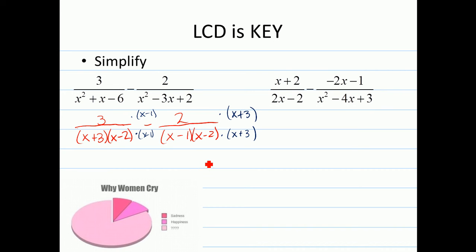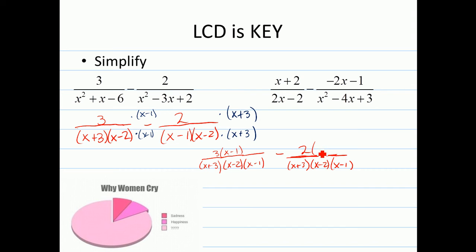Your new fraction now is going to be 3 times x minus 1 over x plus 3, x minus 2, x minus 1, minus 2 over, make it nice and long, x plus 3, x minus 2, and x minus 1.